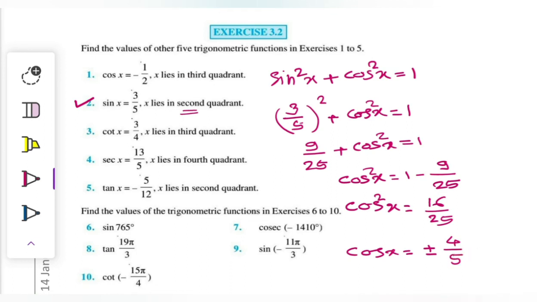Look here, x lies in the second quadrant. Sin x is positive and cos x is negative. Therefore, we take the negative value and avoid the positive. Therefore, cos x equals minus 4 by 5.